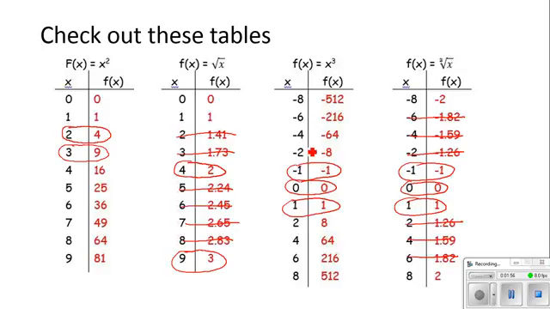Now here I've got -2, -8, and over here I've got -8. Again, same two numbers, they've switched places. 2 and 8, 8 and 2. Same two numbers, but they've switched places.